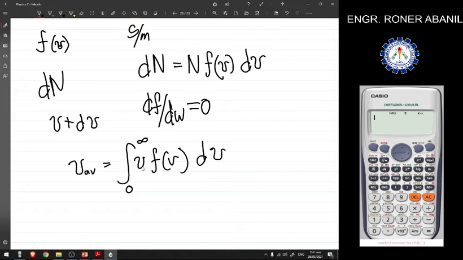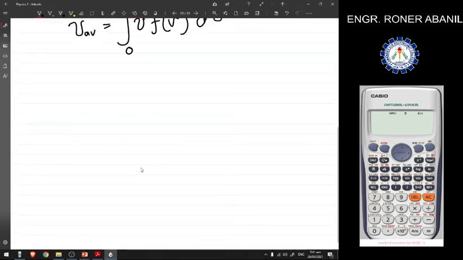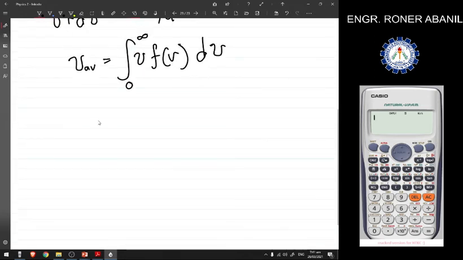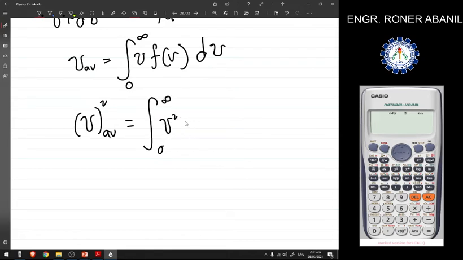The average of v squared is given by the integral from 0 to infinity of v squared times the distribution function dv. Then v_RMS is the square root of this.